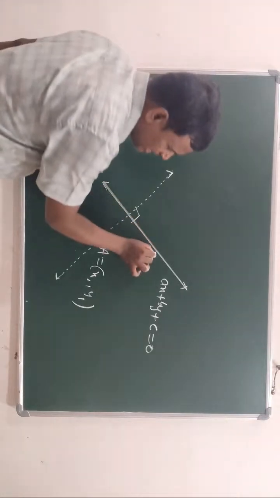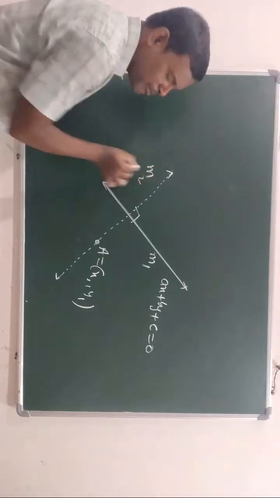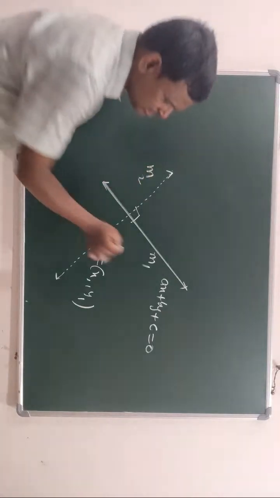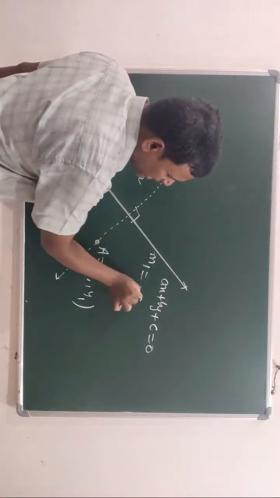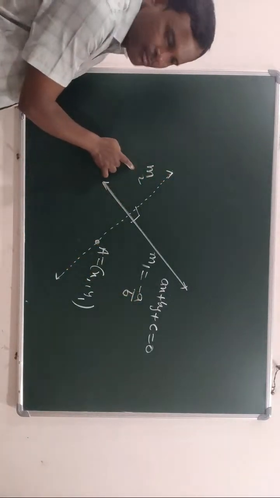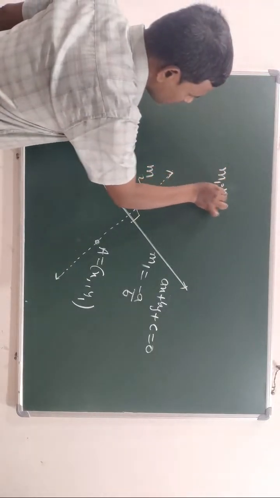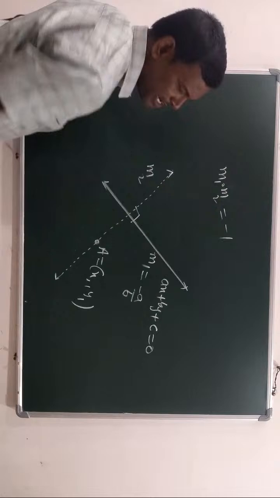So let us say the slope of the given line be m1, the slope of our required line be m2. Now what is the slope of the given line? Minus a by b. You don't know the slope of our required line, but both are mutually perpendicular. Hence, the product of their slopes is equal to minus 1.